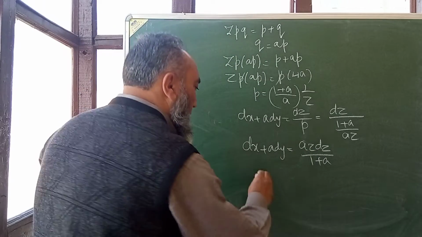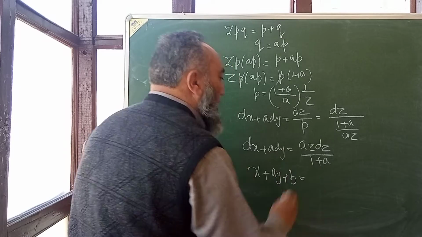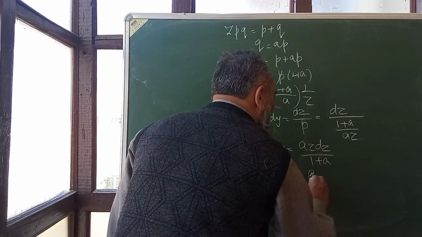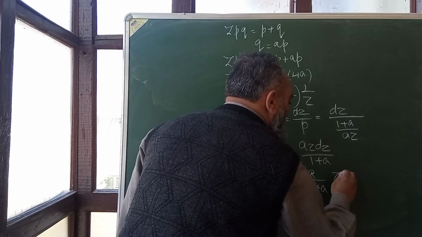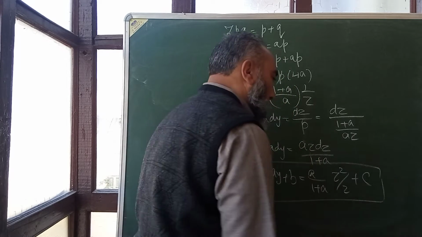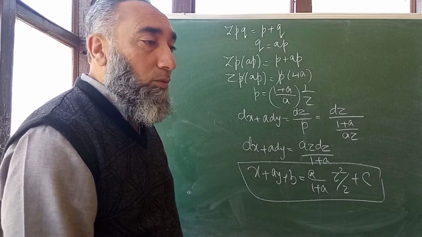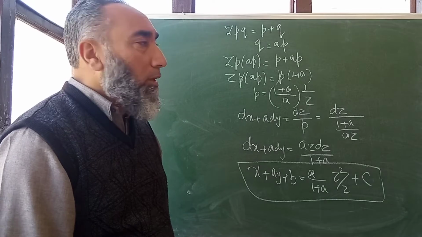I will get x plus AY plus B equal to A upon 1 plus A times Z square by 2 plus C. This is it. You can have as many questions as you will find in the book. I will be sending the notes.